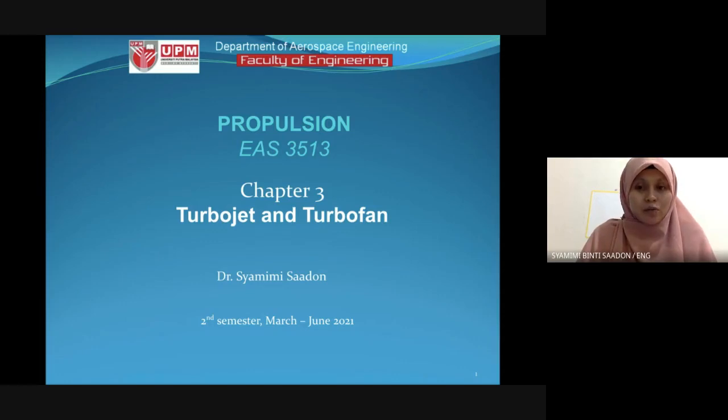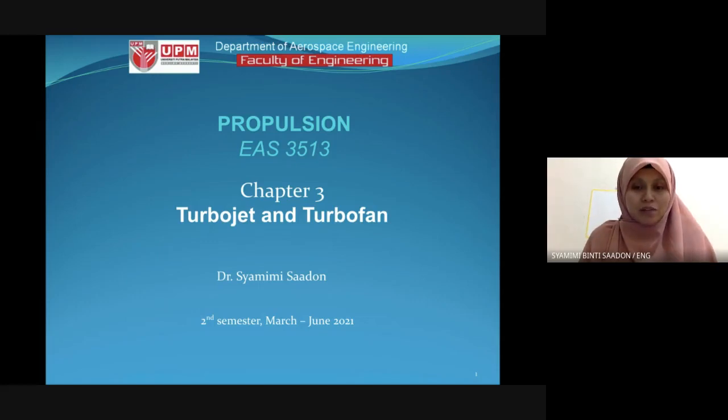We have seen chapter 1, the introduction to air breathing engine, and the second chapter, introduction to some of the performance parameters in order to evaluate air breathing engine performance, which the most important ones are the thrust force, the propulsive efficiency, and the TSFC, which is thrust specific fuel consumption, or just SFC, specific fuel consumption. Okay, those are the performance parameters.